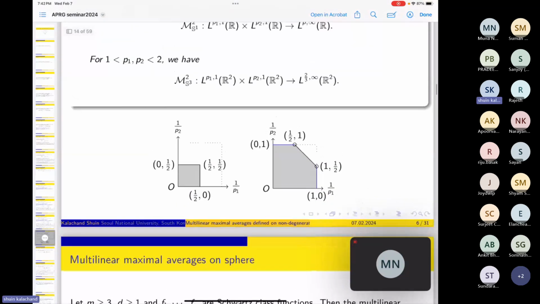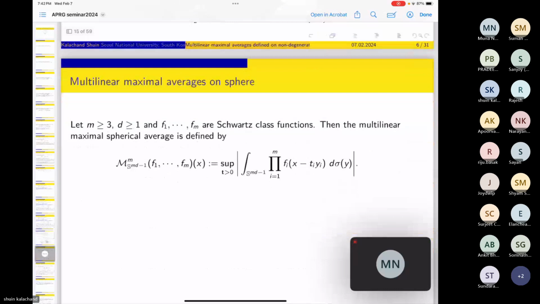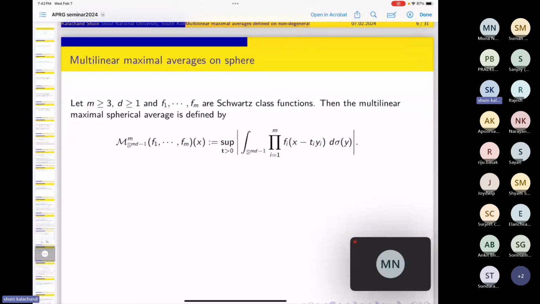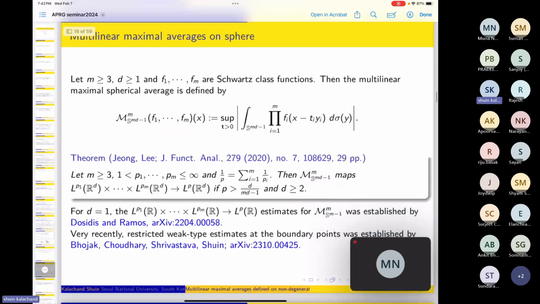One can also consider the multilinear spherical maximal function when m is greater than or equal to 3. And this is the definition of the multilinear spherical maximal function. In the same paper of Jeong and Sanghyuk Lee, they proved that for m greater than or equal to 3 and taking p1, p2, ..., pm all greater than 1, satisfying the Holder relation, the multilinear spherical maximal function maps L^{p1} times L^{p2} times ... times L^{pm} to L^p if p is strictly bigger than this number, and dimension is greater than or equal to 2.